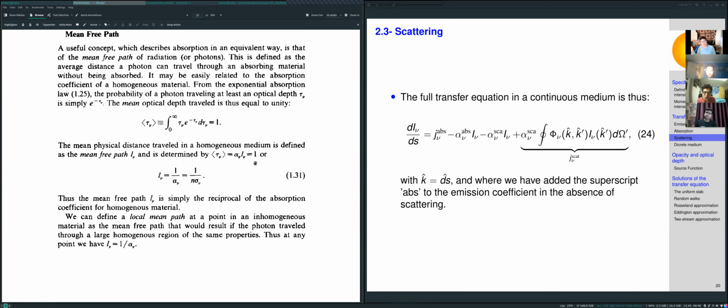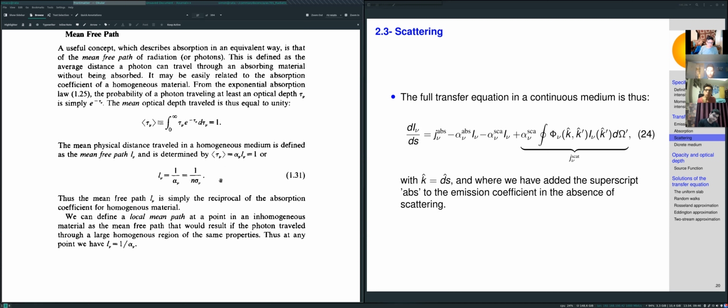The real absorption probability is exponential minus tau. So tau is approximately equal to exponential minus tau only in the optically thin limit. But this gives us a good idea of when the photon is likely to be absorbed. And that is also a different angle to this mean free path.